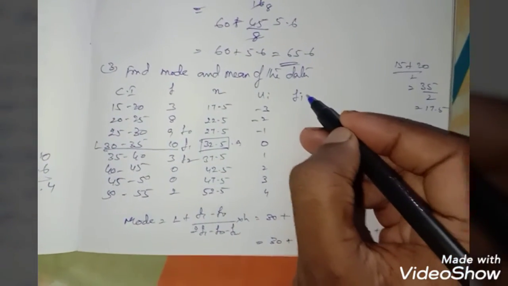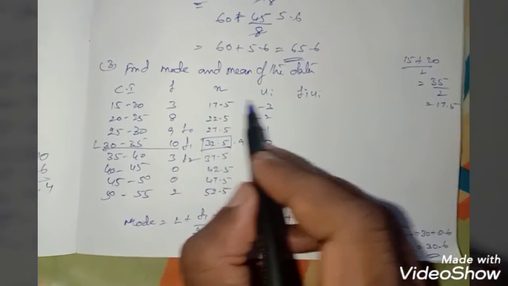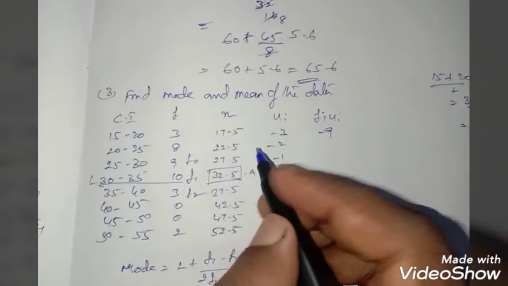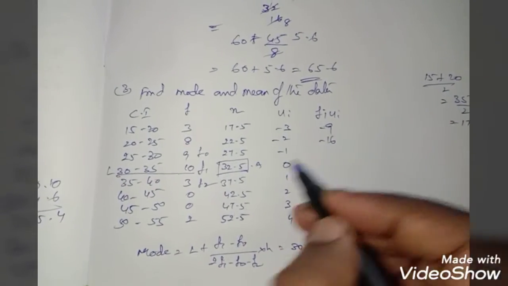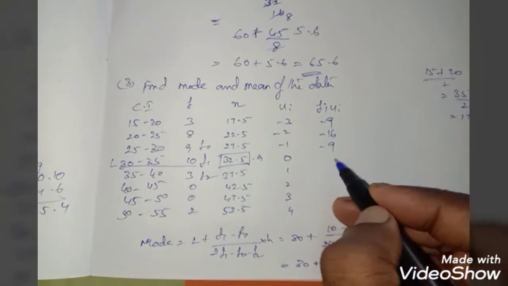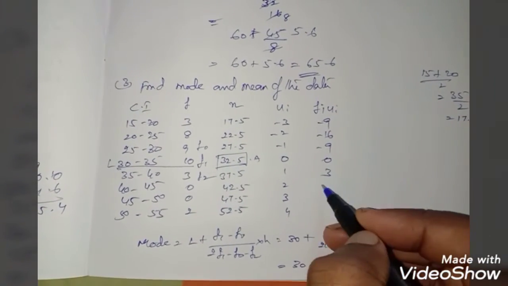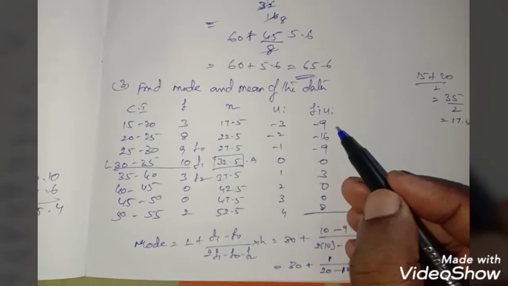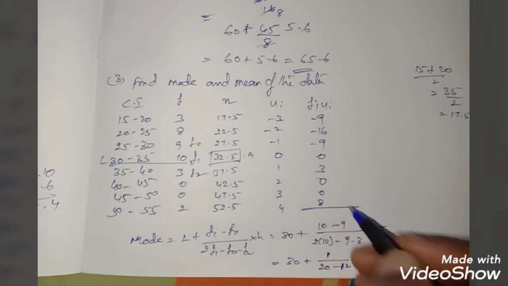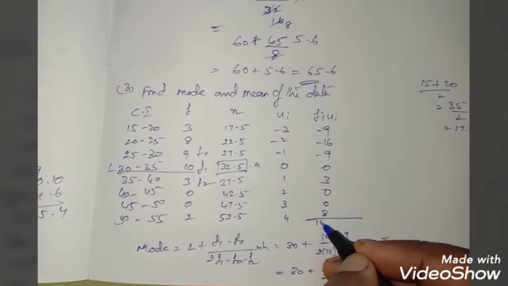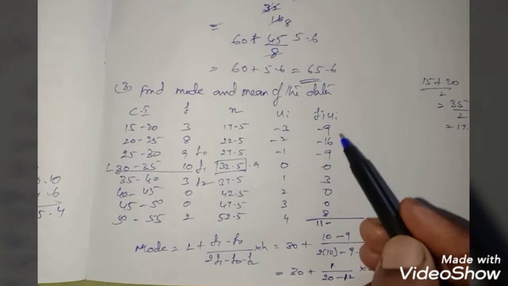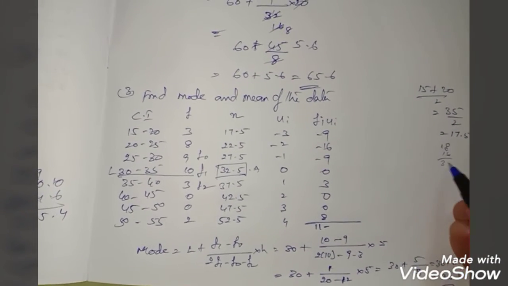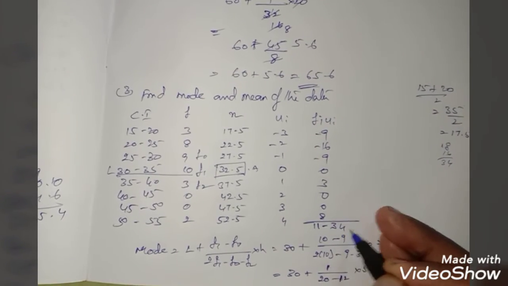Next you have to take Fi and Ui, so multiply F and U value, that is 3 3s are 9, next 8 2s are 16, next 9, here 0, 3, 0, 0, 4 2s are 8. Now add all this. Here 8 plus 3 is 11, minus next 9 plus 9 is 18, so 18 plus 16 you will get 34, that is minus 34.